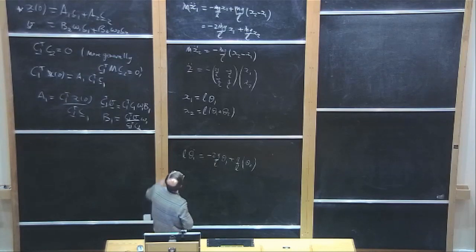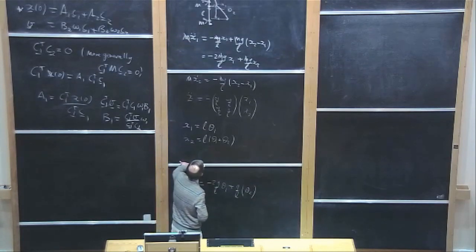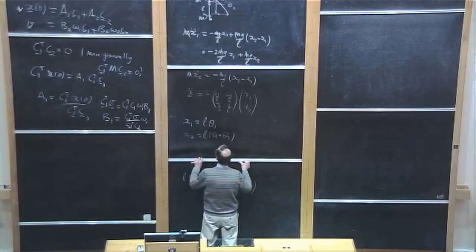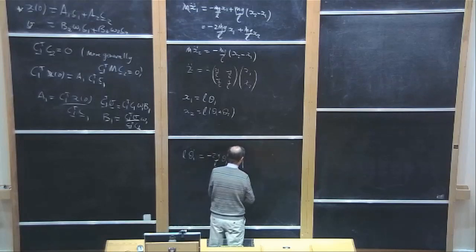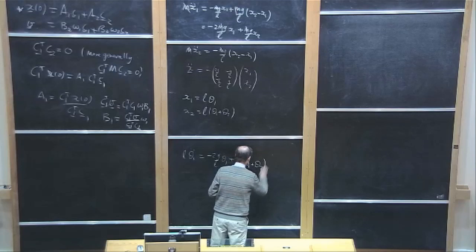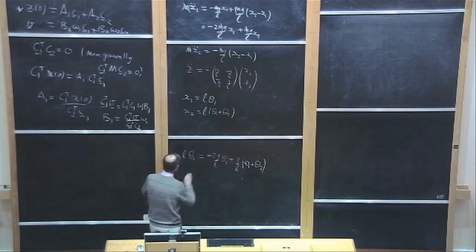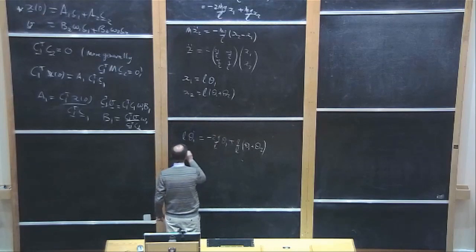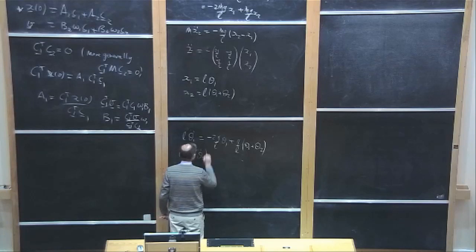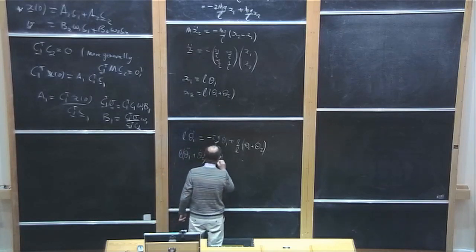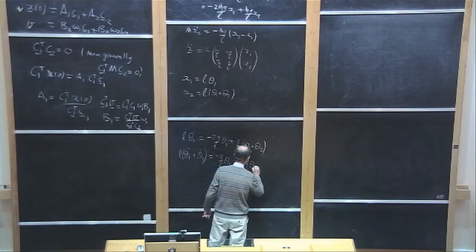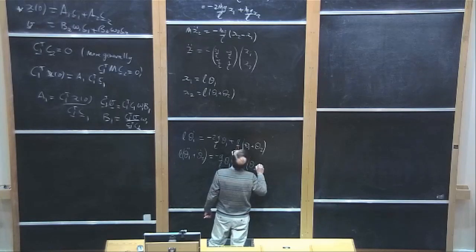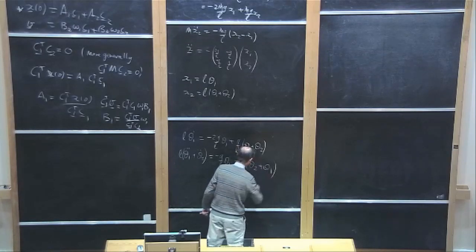Because, where's my equation? 2g over L minus g over L x2, and x2 is theta 1 plus theta 2. And then the other equation is L theta 1 double dot plus theta 2 double dot equals minus g over L theta 1 plus g over L theta 2 plus theta 1.